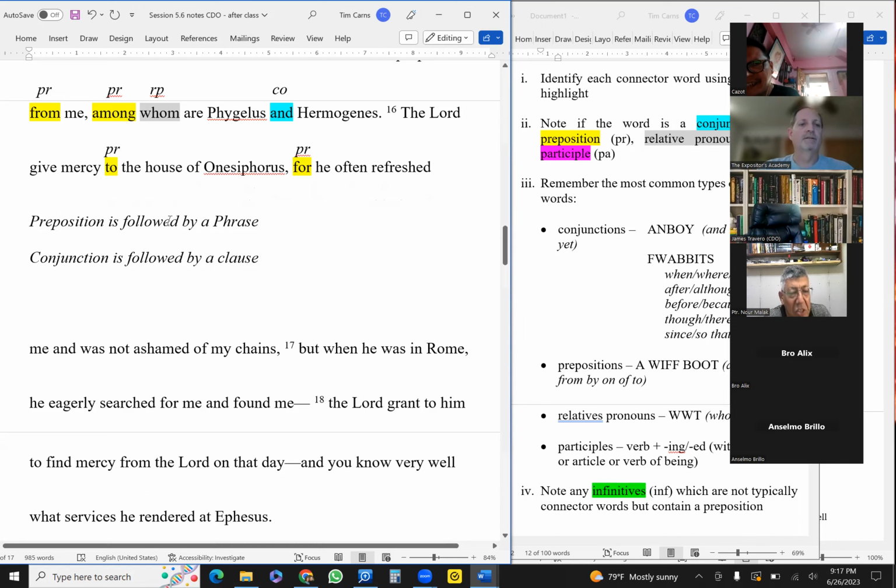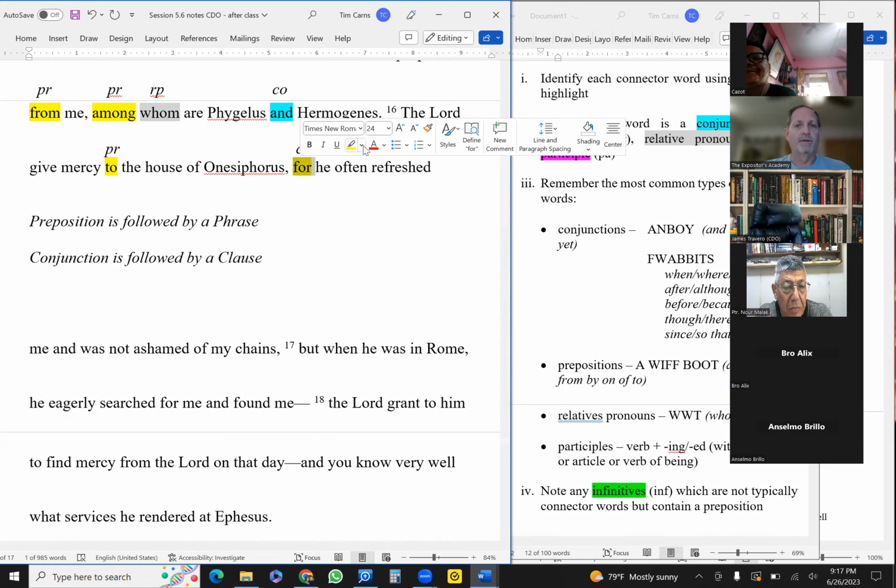Notice, conjunction, C, clause, C. See that? That's a way to remember. Okay. So in this case, for is it followed by a phrase? Conjunction. Yes, in this case, it's a subordinating conjunction. It's not one of the and, boy.